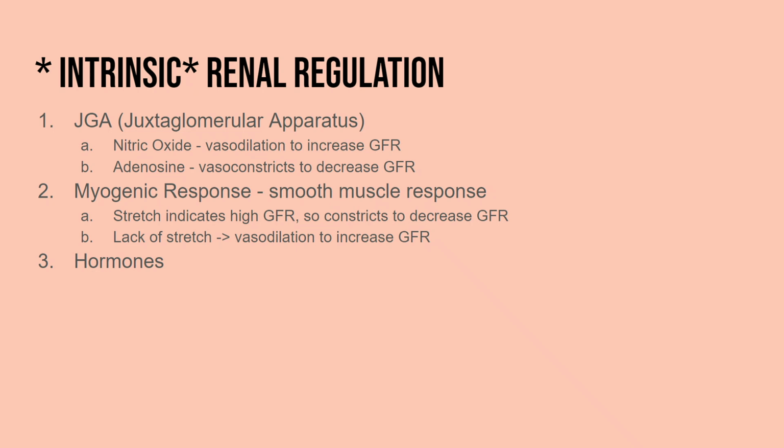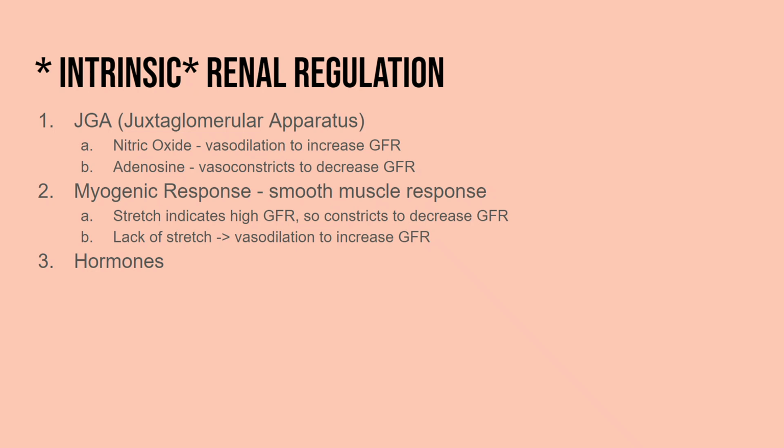First you have the juxtaglomerular apparatus, and I'm going to draw this out, but there's nitric oxide and adenosine that can be released due to different conditions in the JGA. There's also the myogenic response, which you can think of as a muscle response.